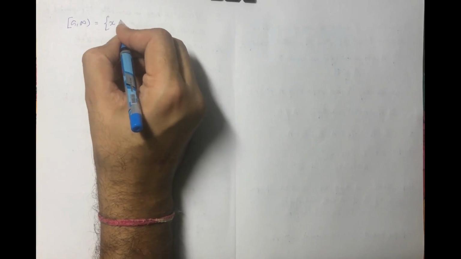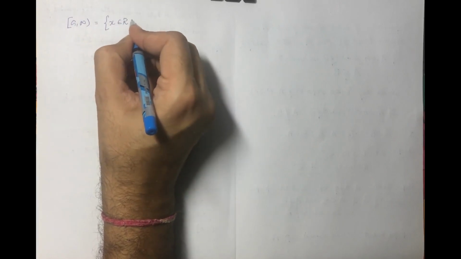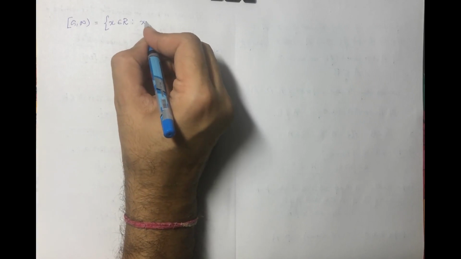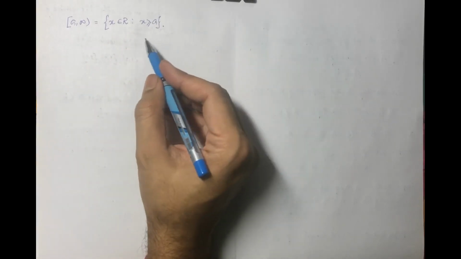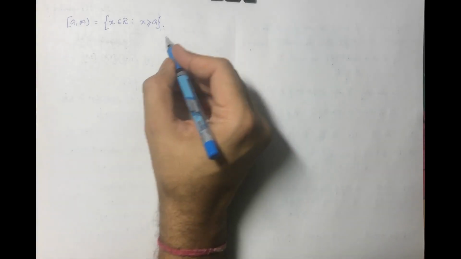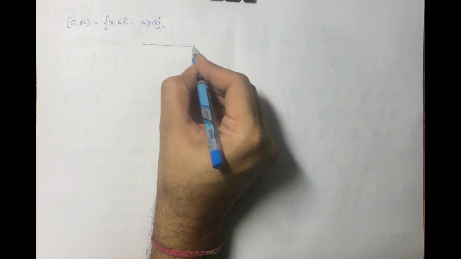Some examples of infinite intervals. For example, this. Here, this is the interval of all real numbers with x greater than or equal to a. So from a to infinity. So how can we express this on real line?